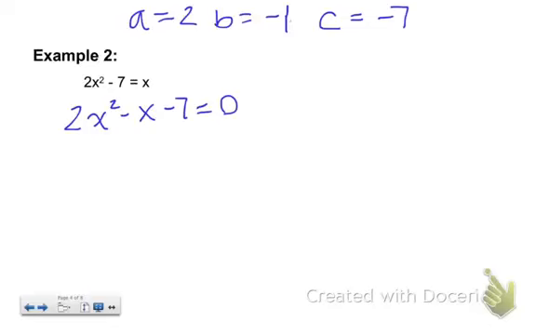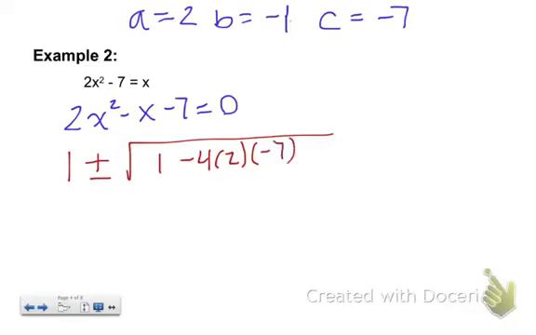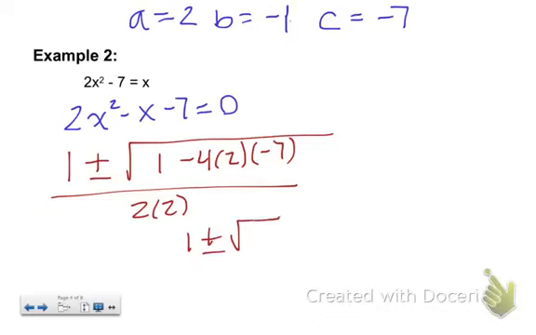So this time when I'm plugging it into the formula, I have negative b, well a negative 1 becomes positive 1, plus or minus the square root of negative 1 squared is just positive 1, minus 4 times 2 times negative 7, all over 2 times 2. So I have negative 4 times 2 is negative 8 times negative 7 is positive 56. So I have 1 plus 56, which becomes 1 plus or minus square root of 57 all over 4.